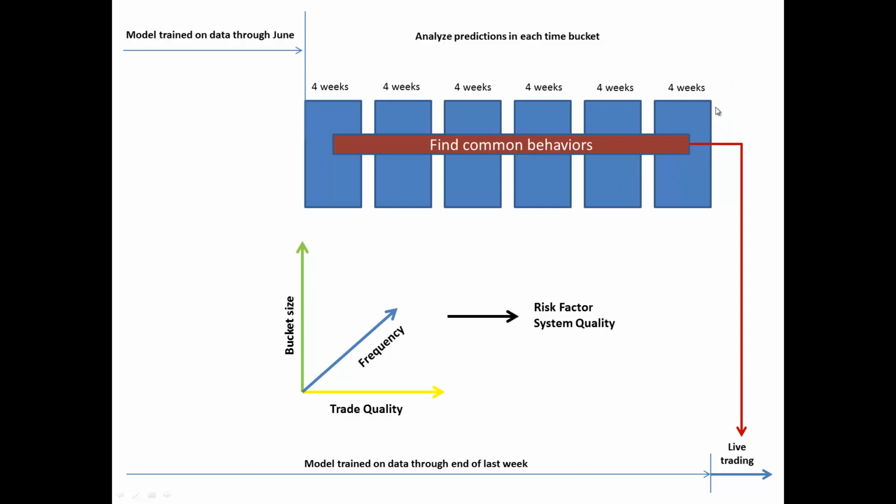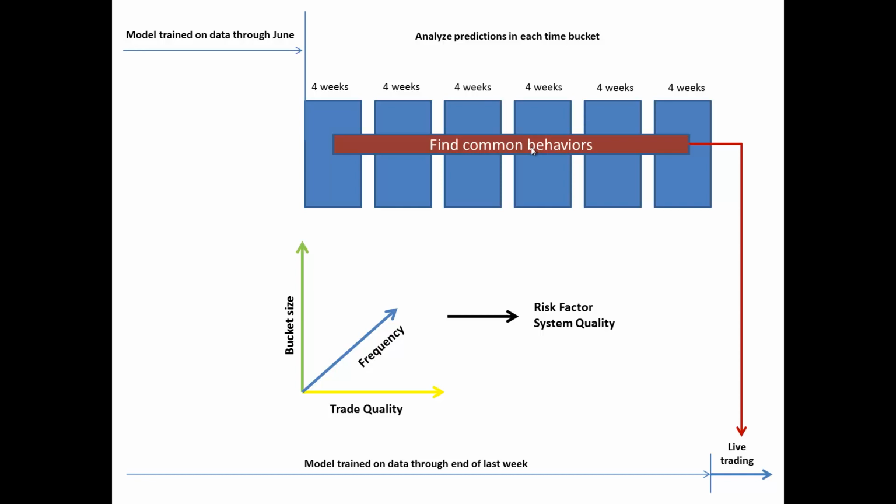Okay, so that's what's in the blue buckets here. These are predictions from a model that's never seen that data before. So there's no curve fitting going on here, and it's a big difference.